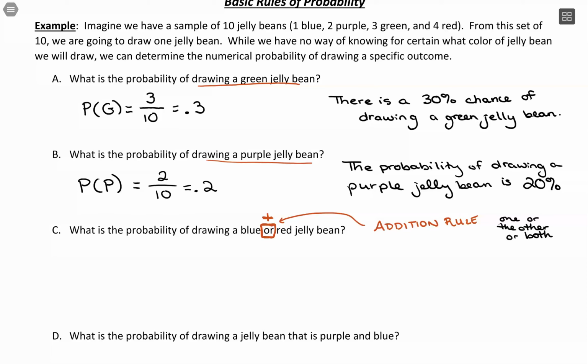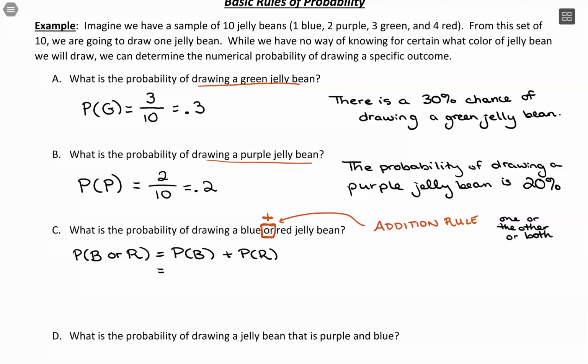So it's like, I want to see what's the probability of picking a jelly bean and it's blue, or it's a red one, or it's both blue and red. Now this is a case where we don't have the both scenario. In the video for the addition rule, we'll talk about when we have the case for both. We just don't have that in this one. So if I want the probability of blue or red, I'm going to add them up: the probability of it being blue plus the probability of it being red.